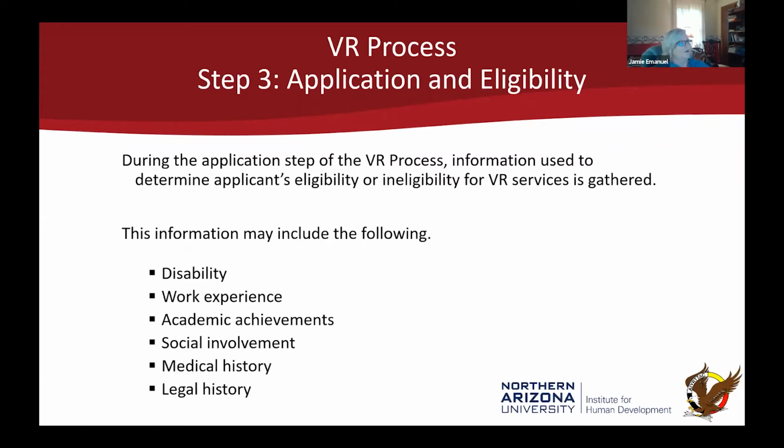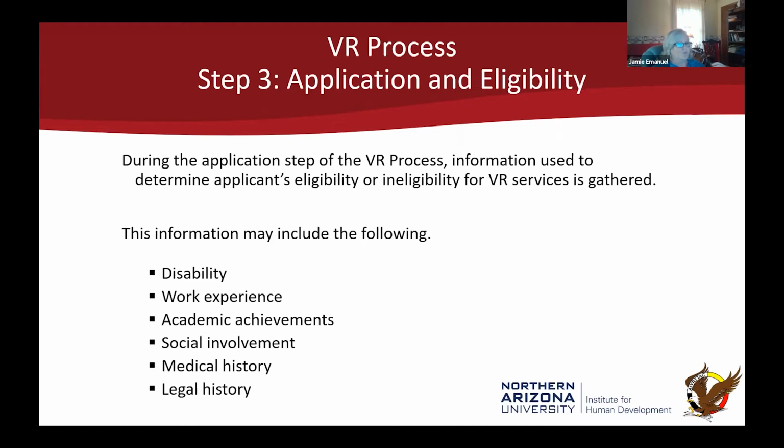And so then we get to application and eligibility. During the application step of the VR process, information is used to determine the applicant's eligibility or ineligibility for VR services. And we gather that information during the intake.